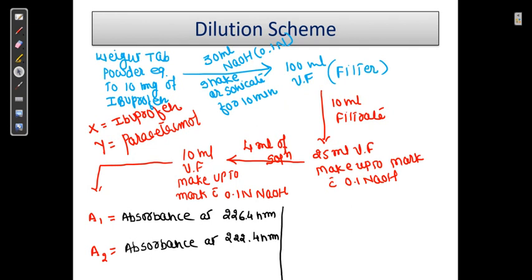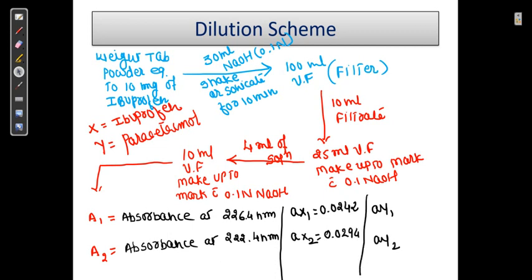The second set is AX1 and AX2, AY1 and AY2. This data is already given to you in the procedure. So what is AX1? 0.0242. What is AX2? 0.0294.